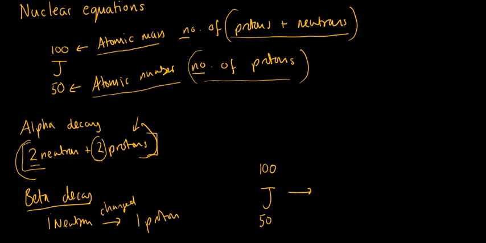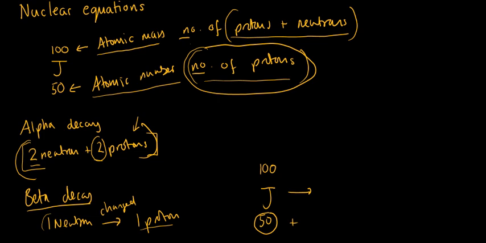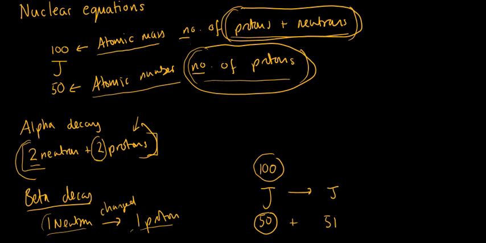Well, if 1 neutron turns into 1 proton, that means we've got one extra proton here that we didn't have before. So this bottom number, which represents the number of protons, is going to increase by 1. However, the top number, which represents the number of protons and neutrons, is going to stay the same. Because although we've had one neutron turn into a proton, it still means our total number of protons and neutrons is the same. So that is 100.